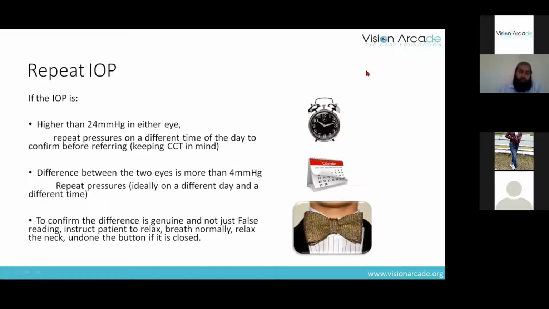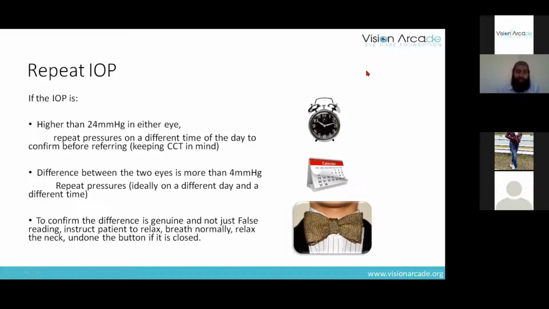Another thing is that when you are repeating the test, make sure that the patients are relaxed and comfortable, and advise the pre-tester or pre-screener, whoever is doing that test for you, to make sure that the patient is breathing normally. And sometimes when there's a repeat pressure going on, I tend to stand next to the patient and keep telling them, breathe normally, think happy thoughts.